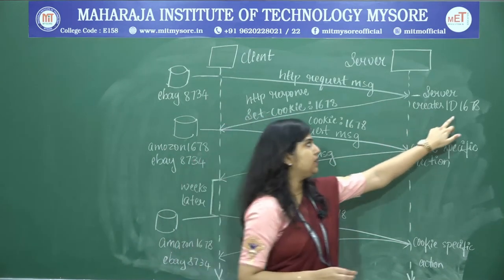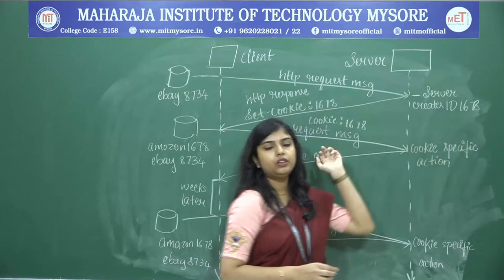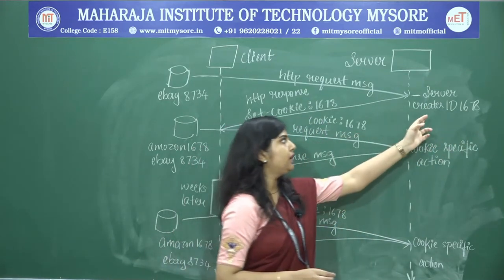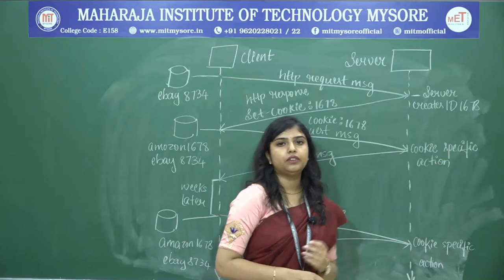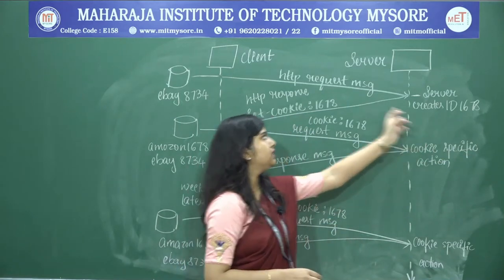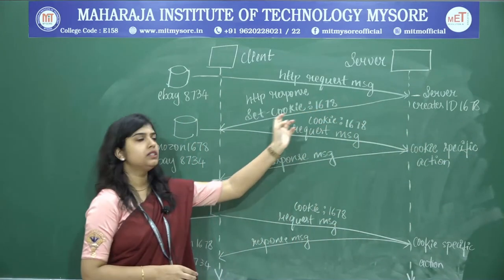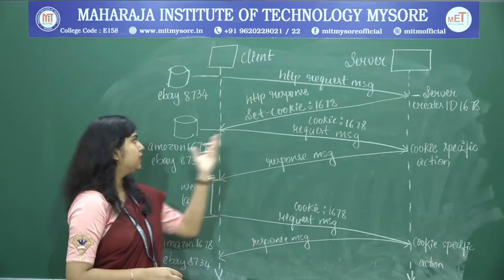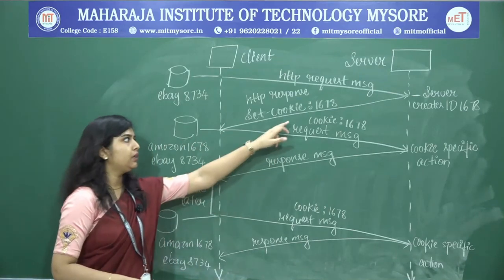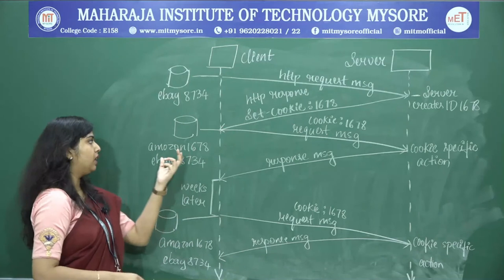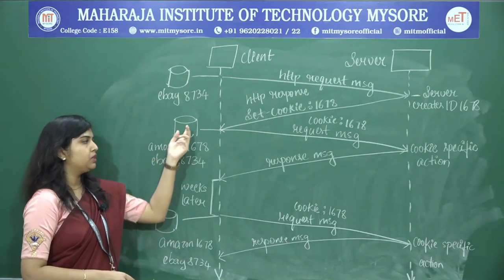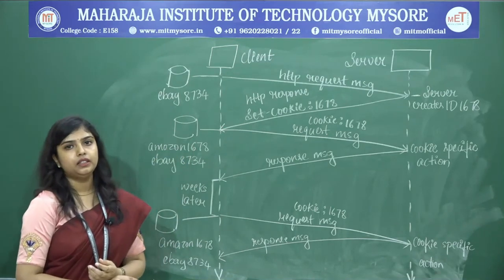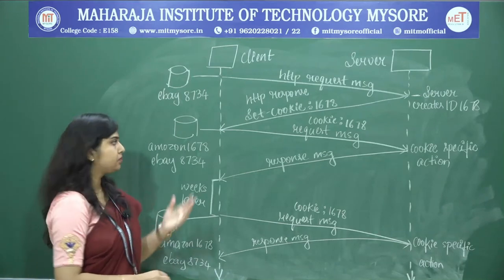Let us assume it is 1678 for Susan, and that will be stored in the server database, and then the same will be sent through the set-cookie header field to the client, and that unique identification number along with the Amazon cookie will be stored in the client's end system.